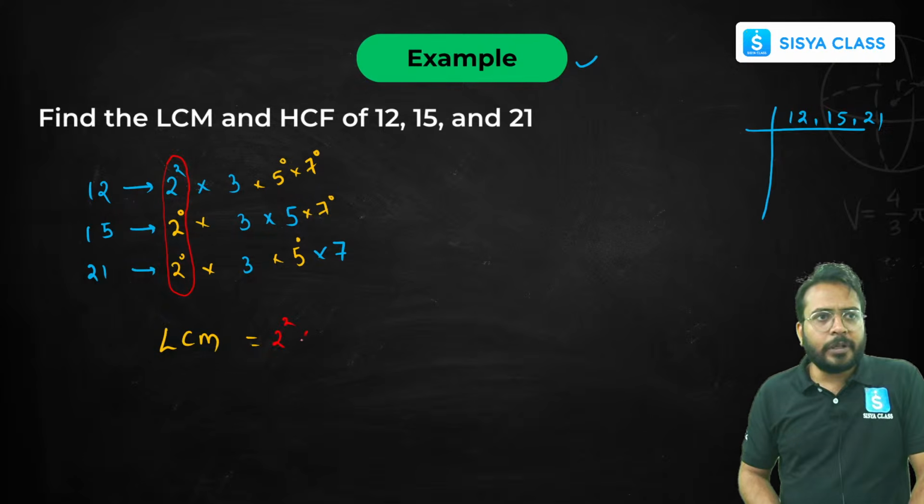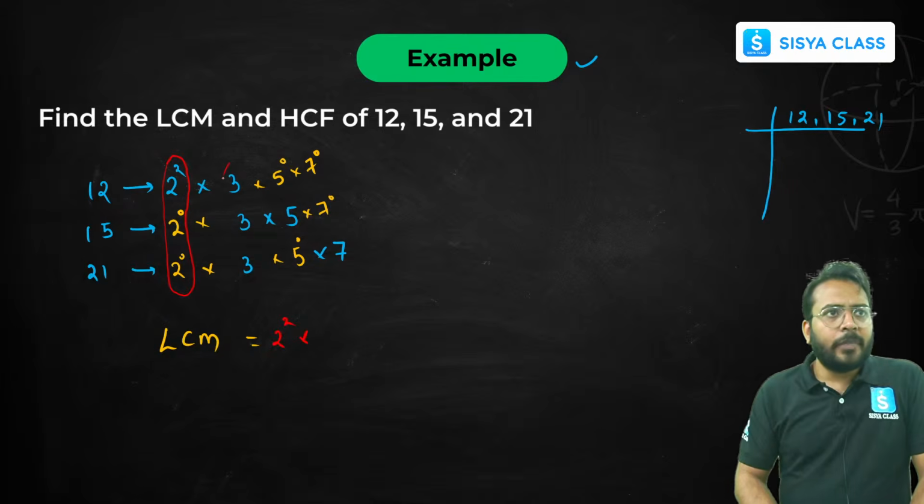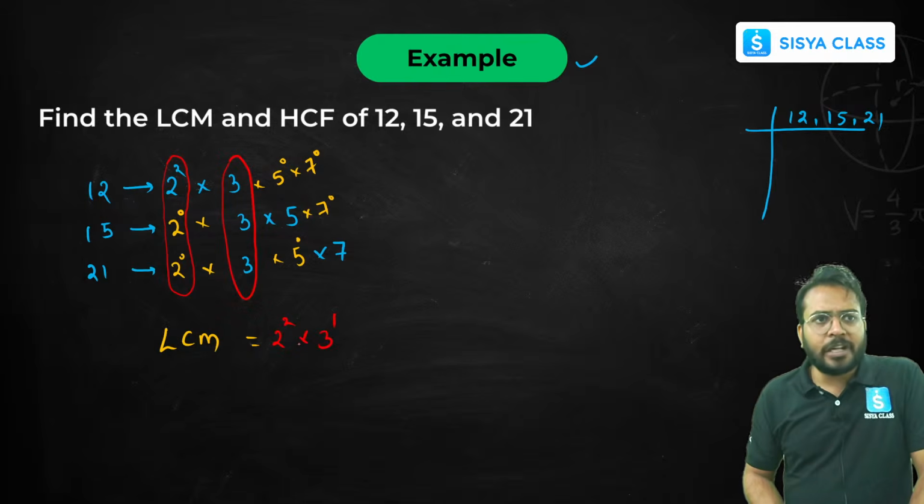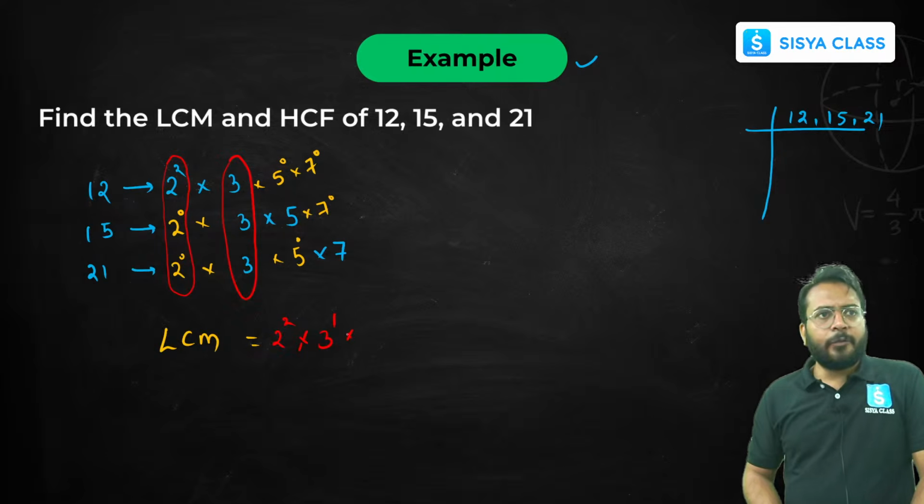For the prime number 3, they all have the same power, that is 1. In 5, the highest power is 1. And in 7, the highest power is 7 to the power 1.